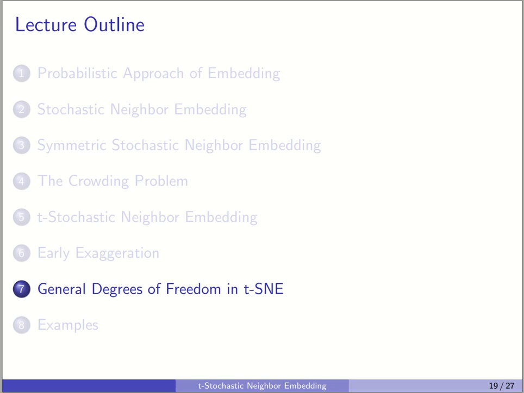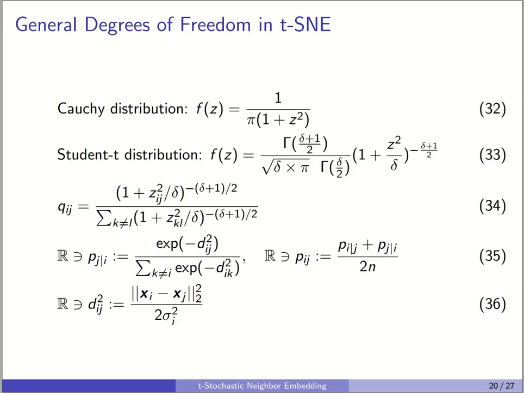Now there's also a paper which says that we can have general degrees of freedom in t-SNE. Do you remember we used Cauchy distribution, and as I told you, we can have a Cauchy distribution for embedding space in t-SNE, and we can call that even Cauchy SNE.